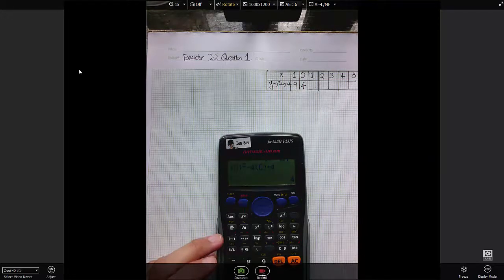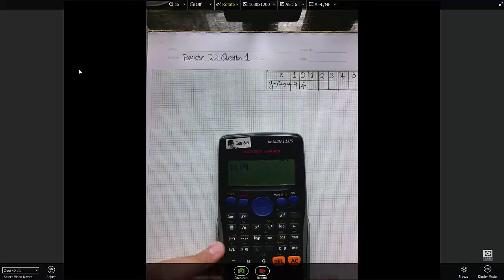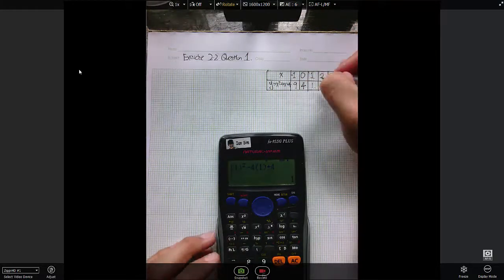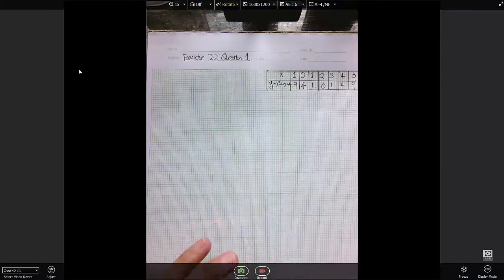I do one more for you: 1 squared minus 4 plus 4 is 1. The rest of the values you can go and try out yourself. I'll just write down the rest of the values, and we are done for question 1A.